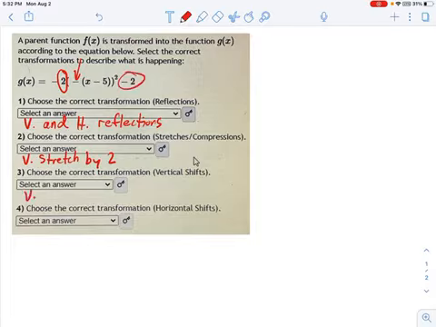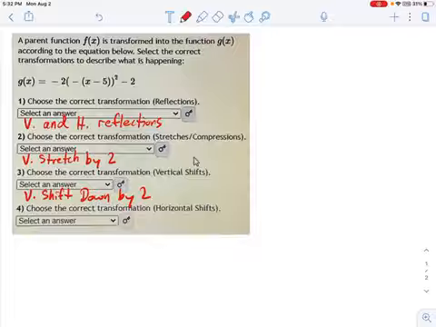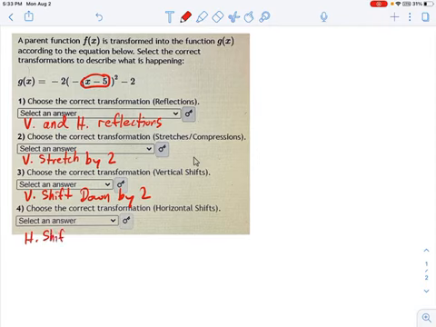They're just that number at the end. Vertical shift down by 2. And last bit is the horizontal shift. Well, you look inside this innermost parentheses, and that looks like a shift to the right because it's -5. Horizontal shift right by 5.